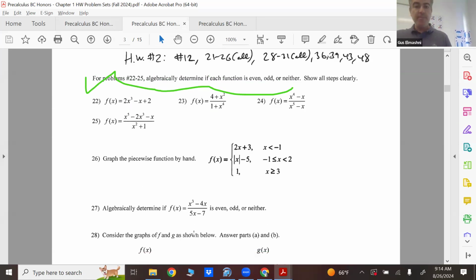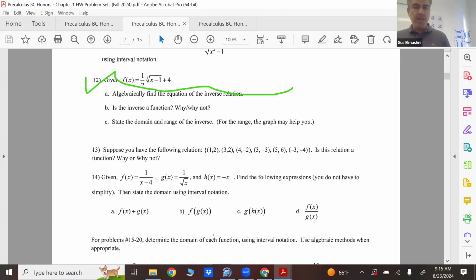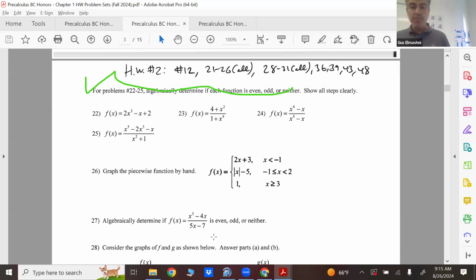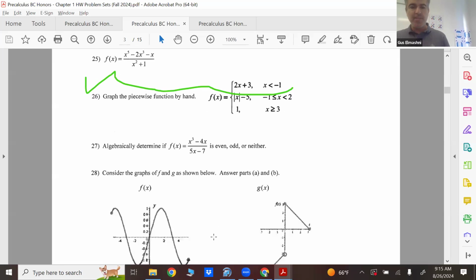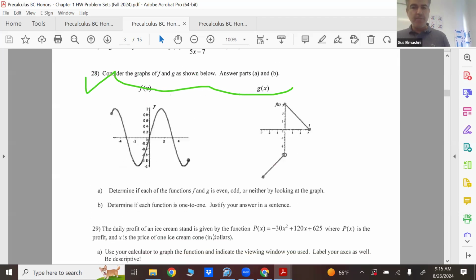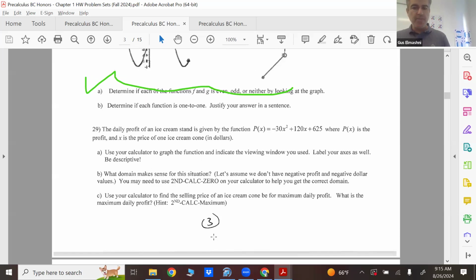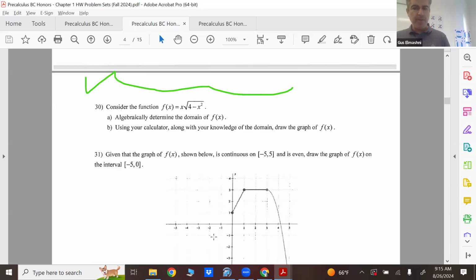So this right here, it says homework number 2 on top. It gives you the question numbers. I'll put it in Schoology as well as an assignment. Even odd stuff, which we talked about. 12 does talk about inverses, which is good. 28 through, okay, piecewise functions, just deal with it. I didn't talk about it. Yeah, more even odd stuff. A word problem, looks like we got that one.